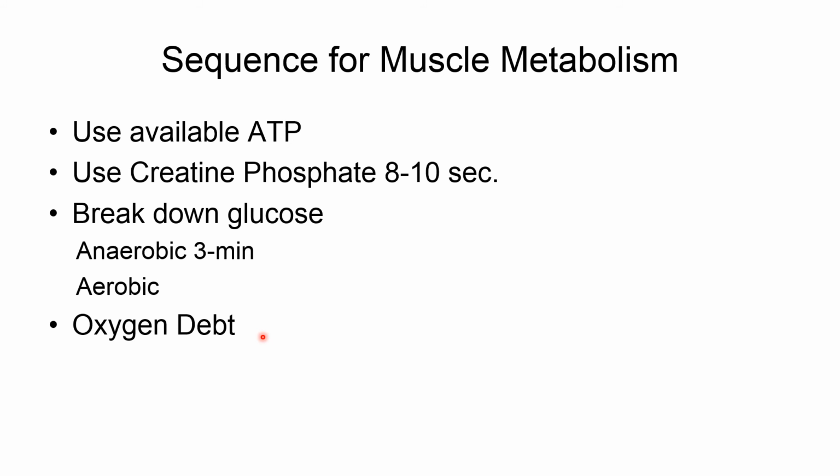So our body had used oxygen when it was not available for such activity. Later on the body has to pay for this oxygen, and that is called oxygen debt.